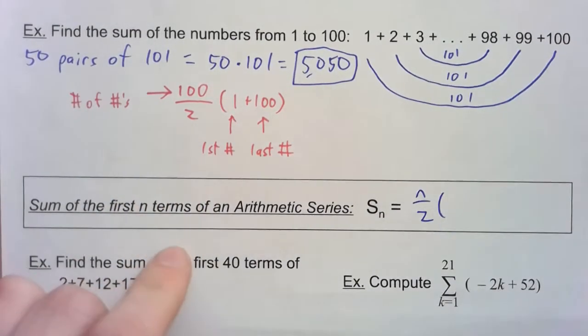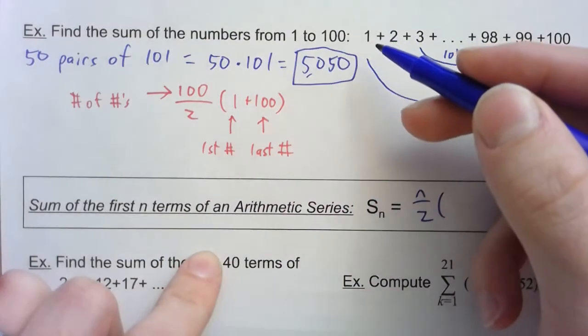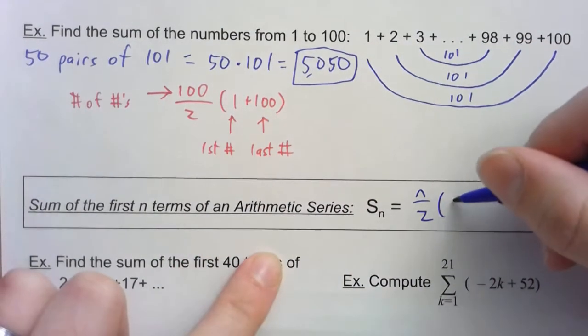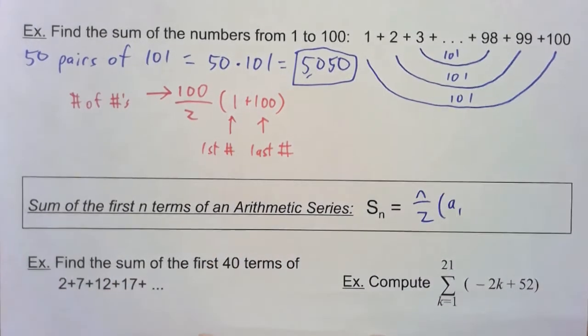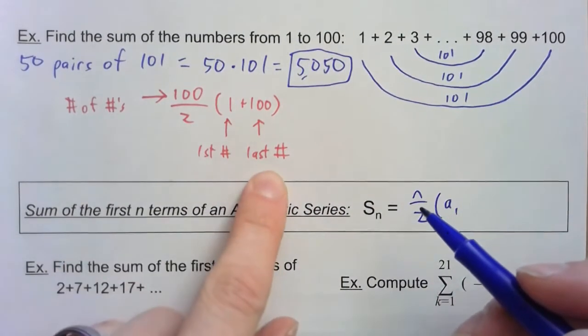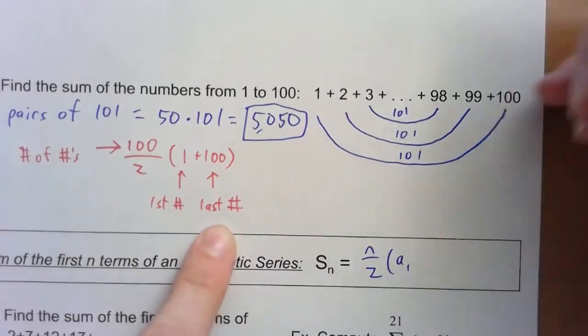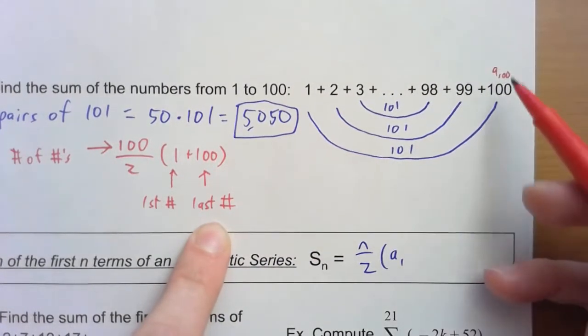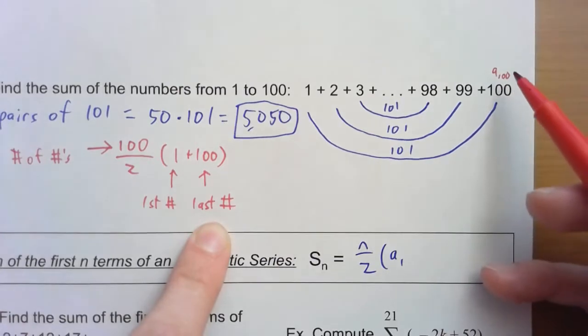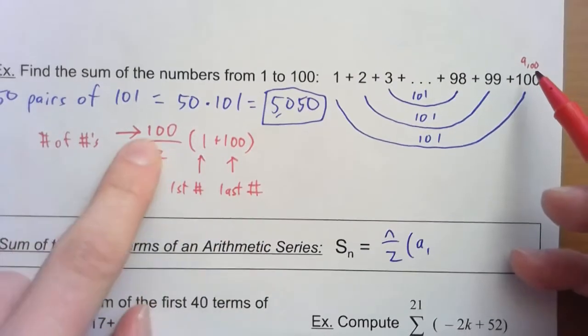The first number is the first term. We call that a sub 1 or t sub 1, depending on what you want to call it. And then the last number here was a sub 100. It was the 100th term. That number down there matches the number of numbers.